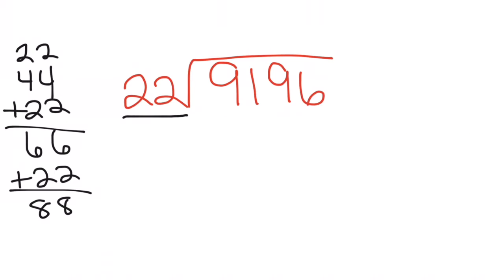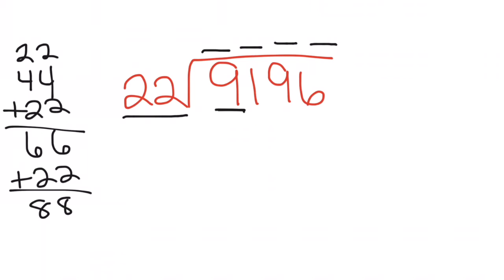Now, one thing I always like to do before I divide is put in markers for place value. So I have my thousands, my hundreds, my tens, and my ones. I like to do that just to remind myself which place value I'm working with. So the first thing I'm going to do is start off with this 9, and remember that 9 is in the thousands place, so it has a value of 9,000.